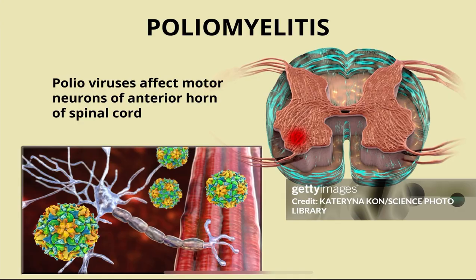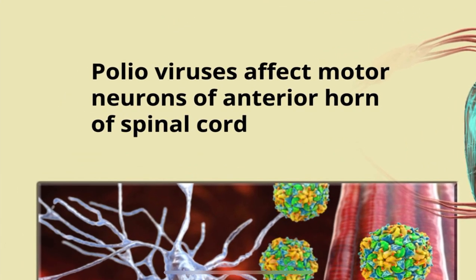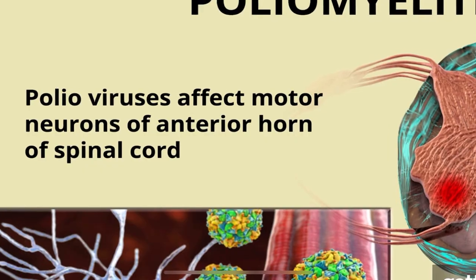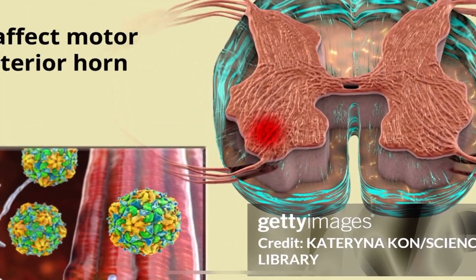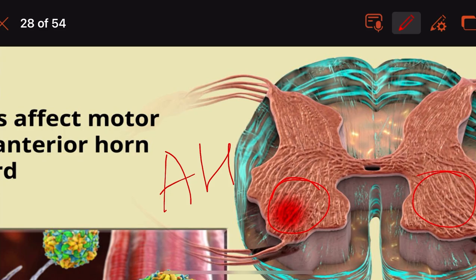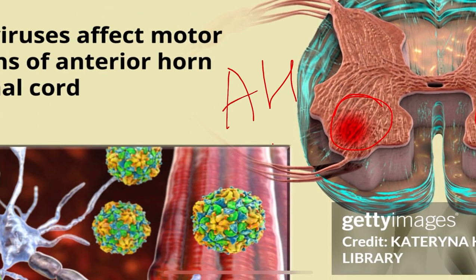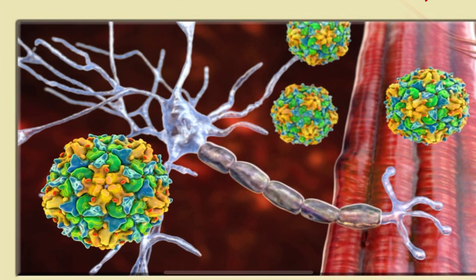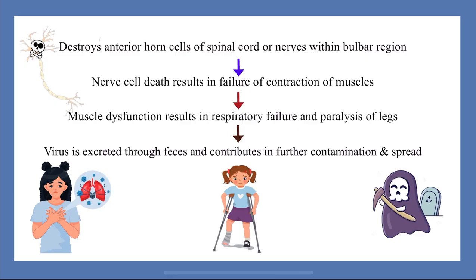So we see here poliomyelitis, which is affecting the motor neurons of the anterior horn of the spinal cord. Is it clear? The virus affecting the motor neuron will thereby cause the paralysis.